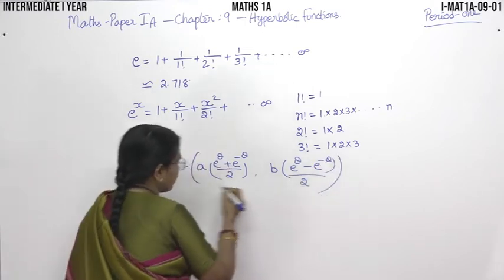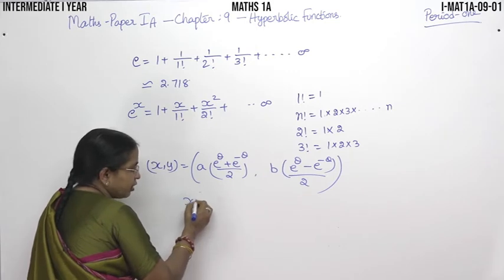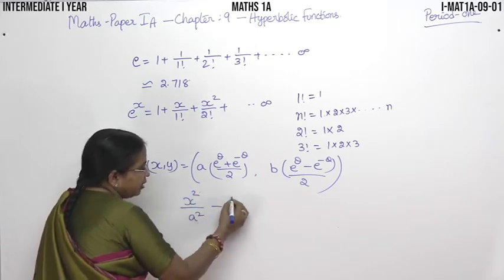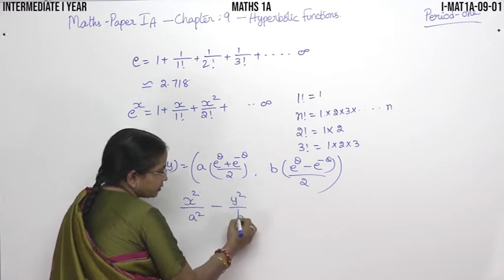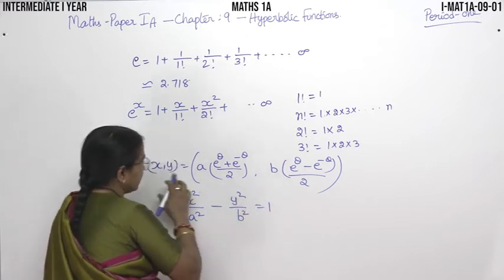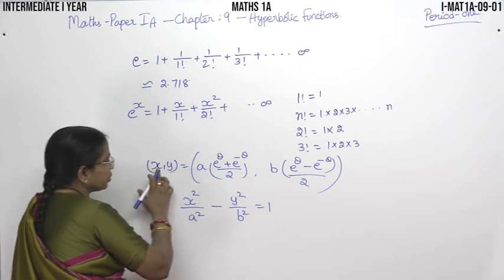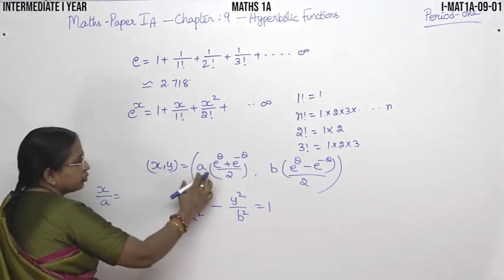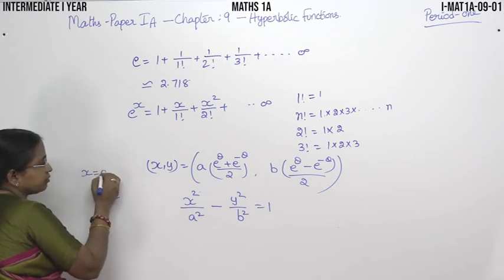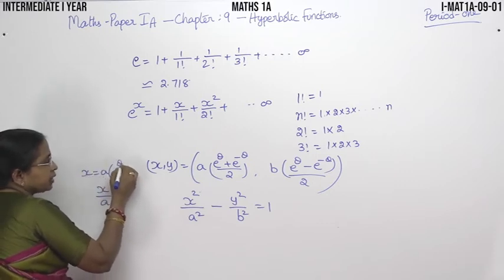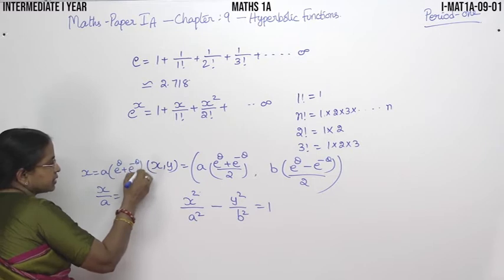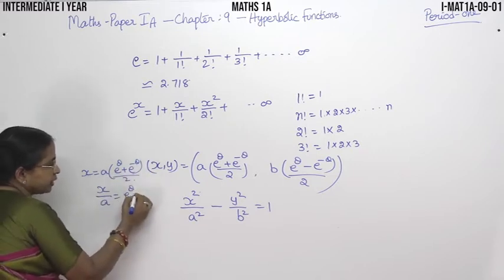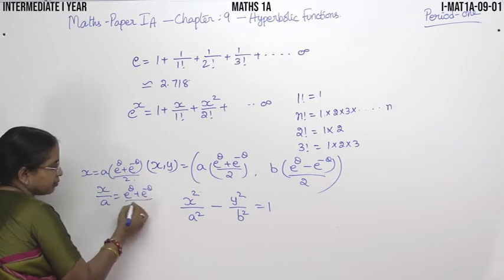Suppose that this is a point. This point always satisfies the equation x square by a square minus y square by b square is equal to 1. You can see x is equal to this, no? So x by a is equal to (e power theta plus e power minus theta) by 2.